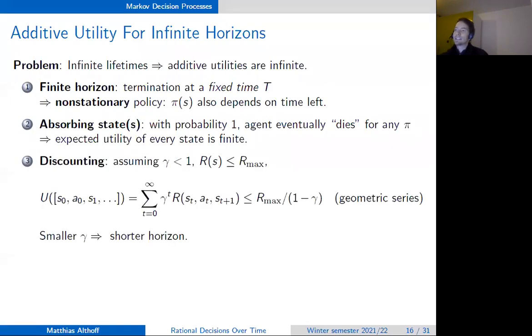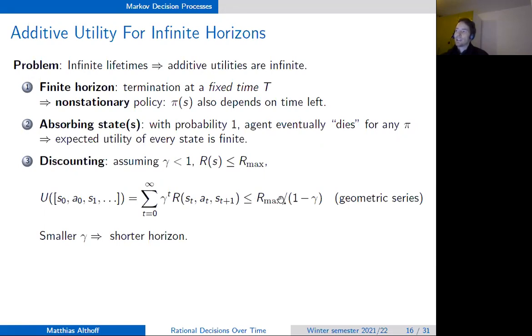And then the next case is the discount factor case, where gamma has to be between 0 and 1. And we assume that the rewards are finite, so there exists a maximum reward. Now, when you add up all these rewards, you can compute an upper bound by replacing all the individual rewards with the maximum possible reward.